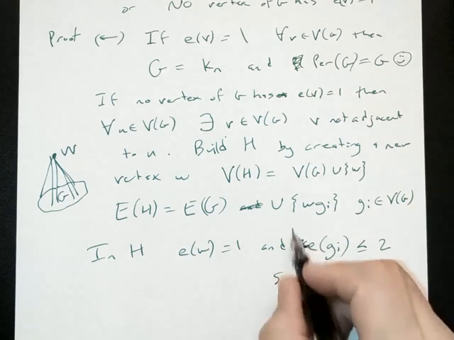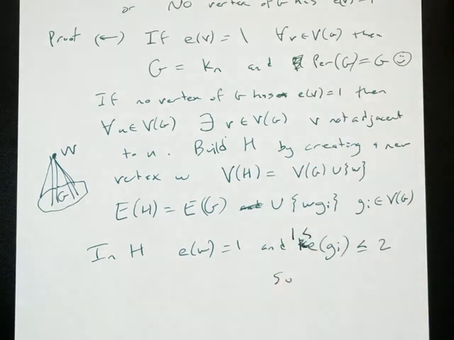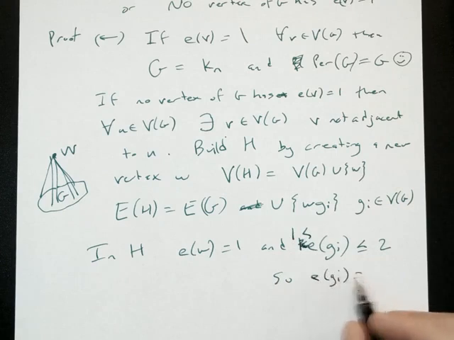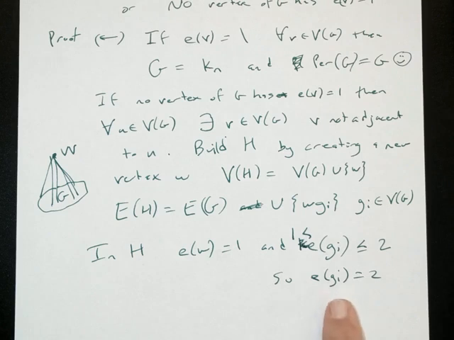So the eccentricity of each vertex in G is equal to 2. Wait a minute. If the eccentricity of G is always 2, then G is the periphery. The only other vertex is W. These are the ones with the biggest eccentricity. Ta-da!